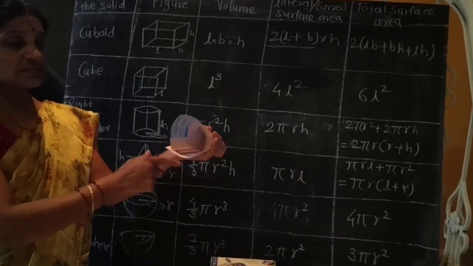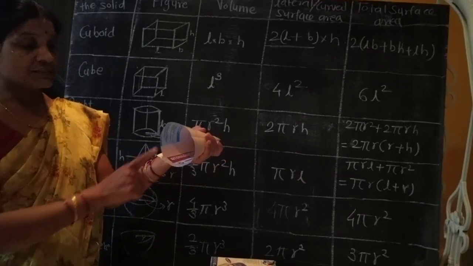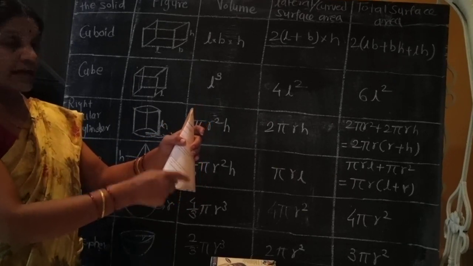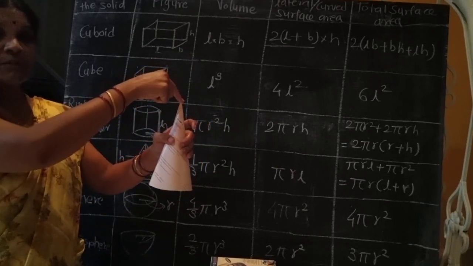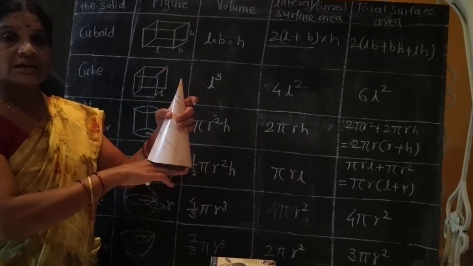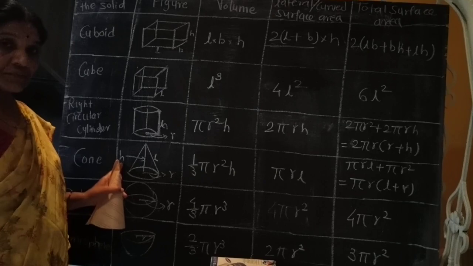Here this base is circular in shape, its radius is r, it is the slant height, and the perpendicular drawn from the apex of that cone to the base, that is called the height.